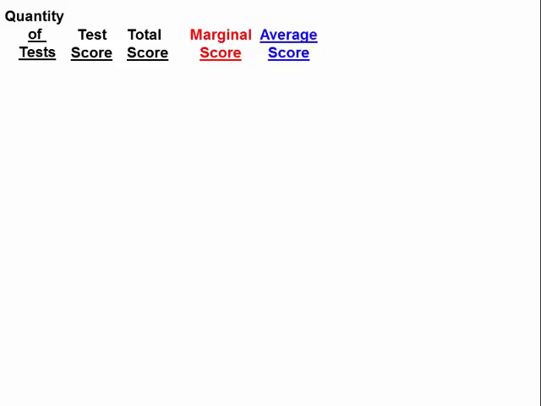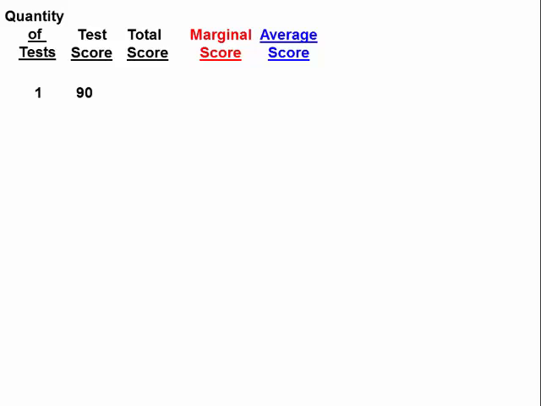So we have the quantity of tests, the test score, the total score in the class, and let's say the total score is based only upon tests, the marginal score of each test, and the average score of each test. So you take the first test in economics and your test score is a 90.